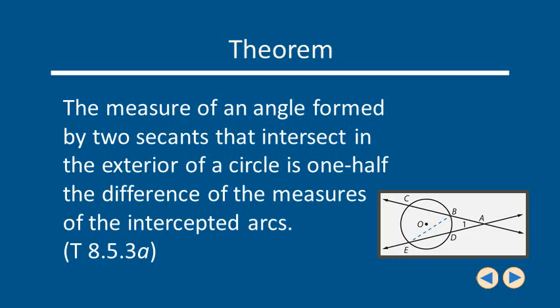Just like before with the interior, we have to draw an extra secant to create BE. What you'll notice is that angle CBE is an inscribed angle, so it has to be half of arc CE, and angle BED is also an inscribed angle, so it has to be 1/2 of arc BD.